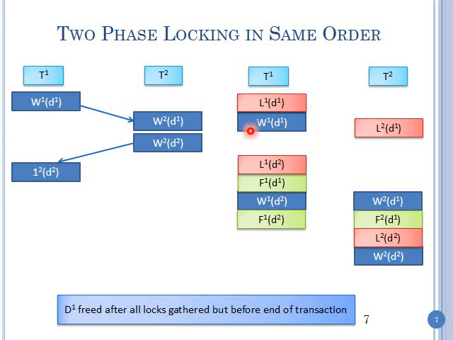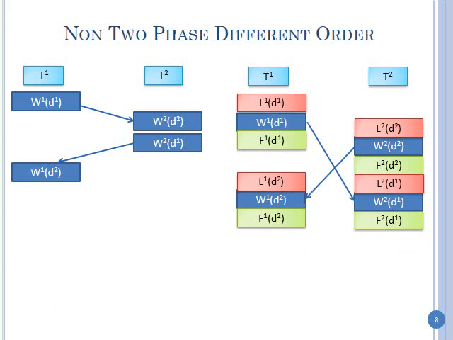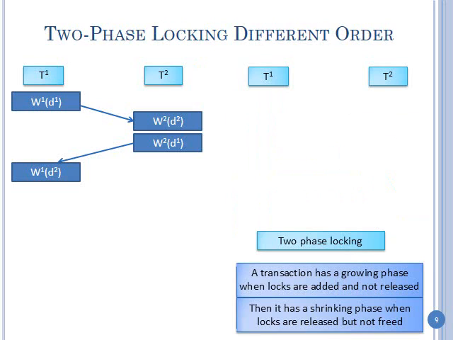So again, I have this mistake that's propagating, but you guys get the idea? In this case, let's look at this case here. What happened? A non-two-phase different order, we got into this circular situation, right? Now under two-phase locking, this guy gets a lock, writes it, okay?